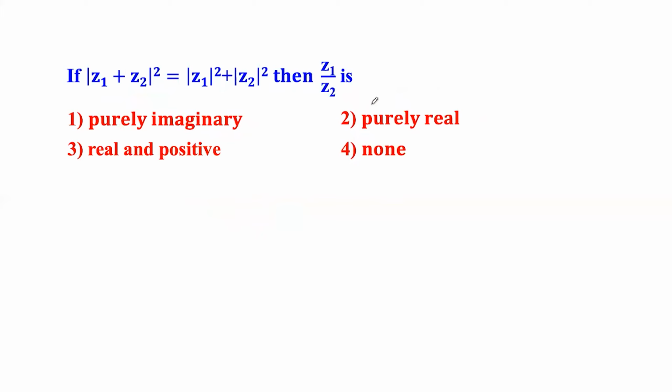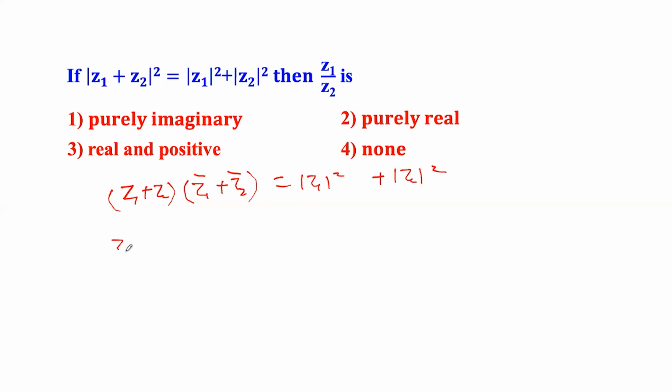Mod of Z1 plus Z2 whole square is equal to mod Z1 square plus mod Z2 square. Then we have to find the value of Z1 by Z2. See, in this formation, Z1 plus Z2 into Z1 bar plus Z2 bar is equal to mod Z1 square plus mod Z2 square.